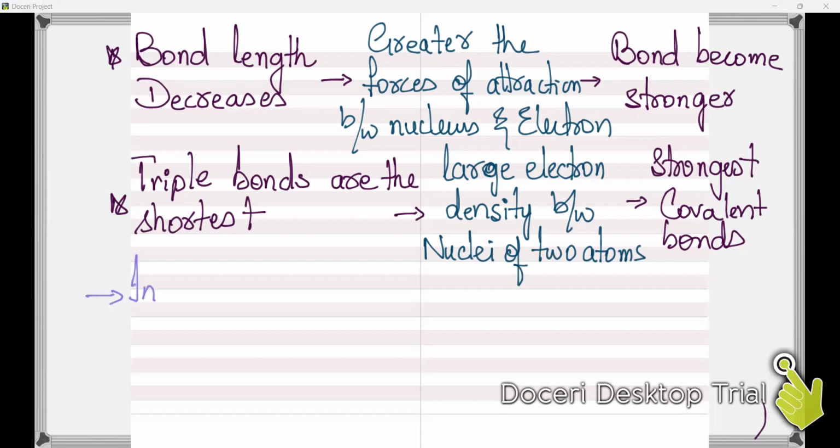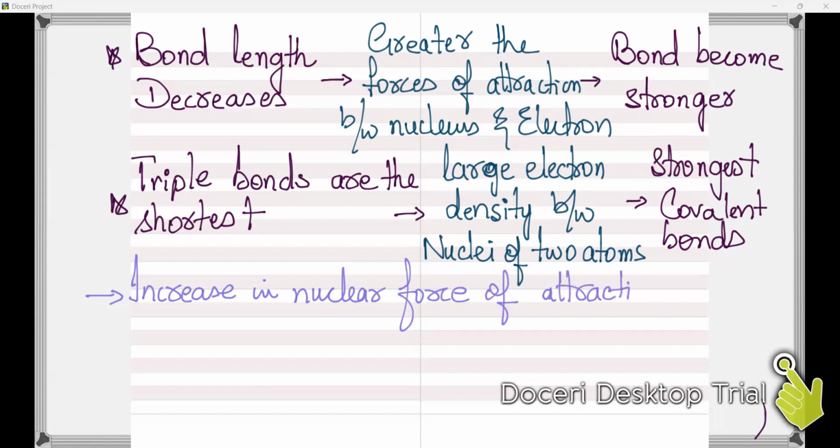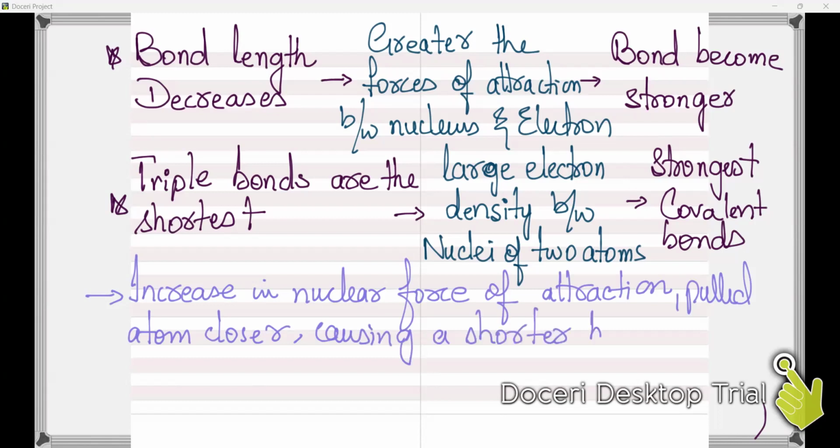You can say that there is an increase in force of attraction. Just for the sake of example, write this down: the bond length will be 147, energy requirement 347 kilojoule per mole.